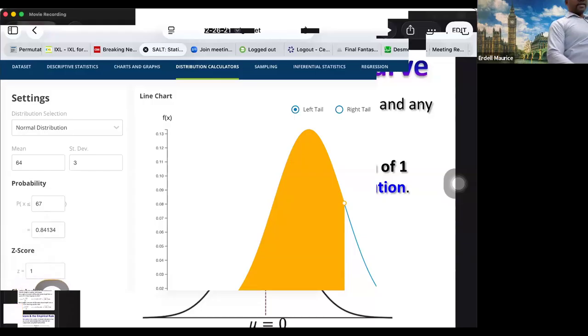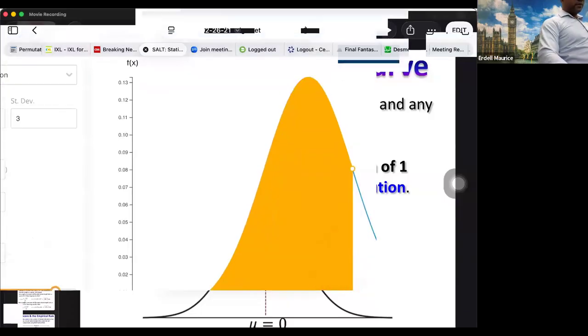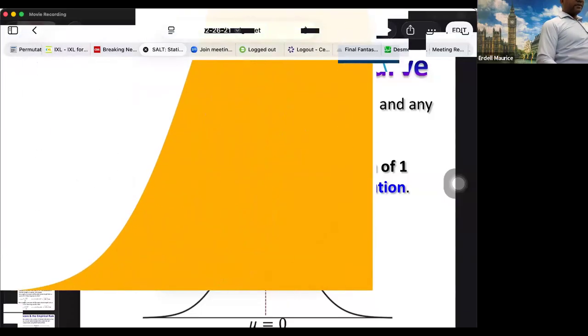Also, if I was to go over here, again, this is not as precise because, let's say the z-score is 0.8, you can't really see that well right here. But you can see the mean of 64 has a z-score of 0, 67 has a z-score of 1, and 70 has a z-score of 2. When we're using the empirical rule, every standard deviation changes the size of the probabilities.